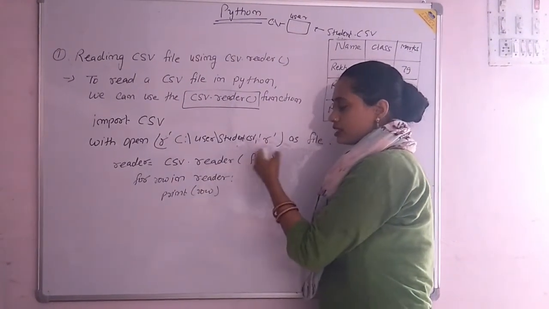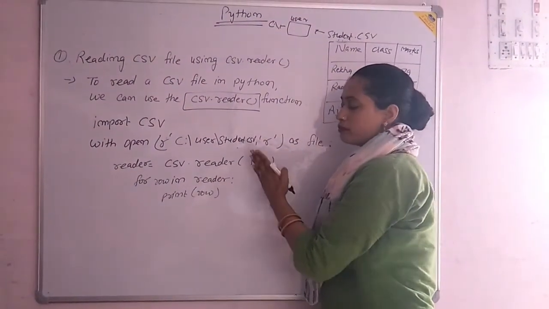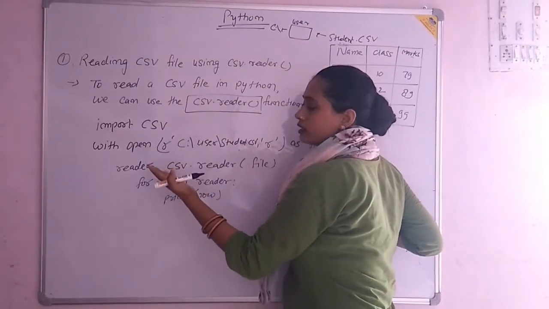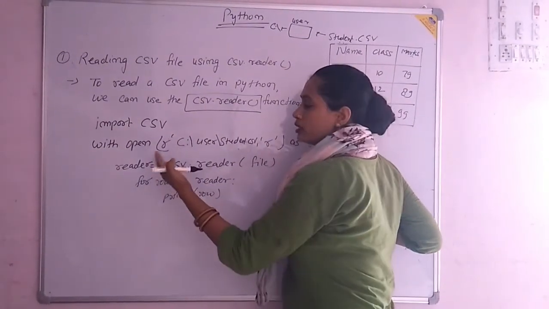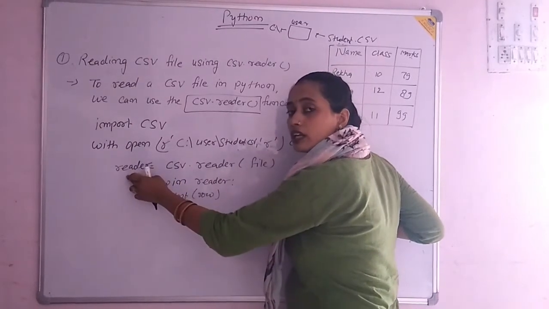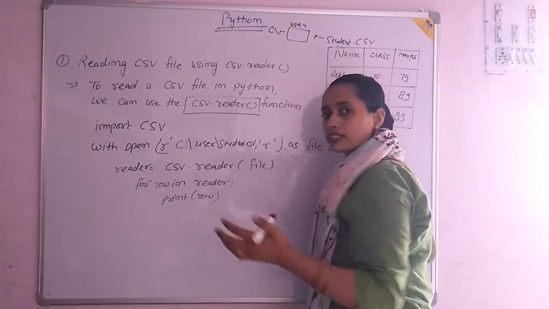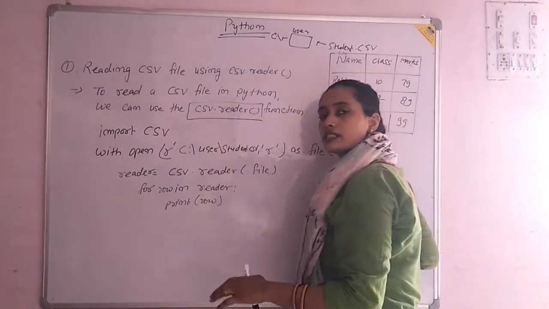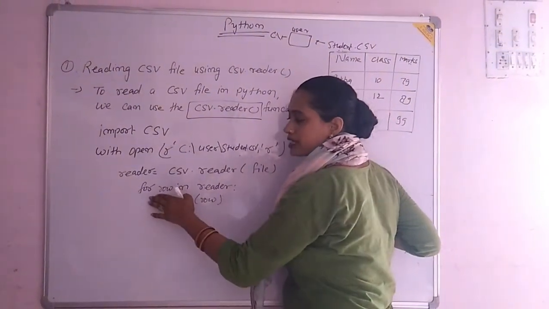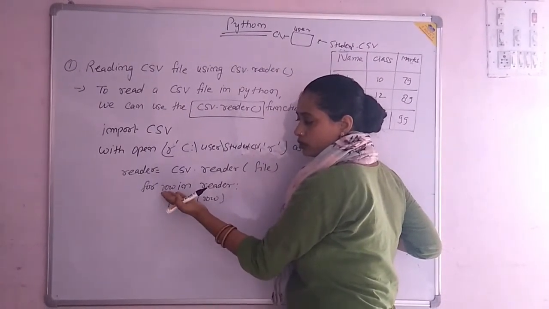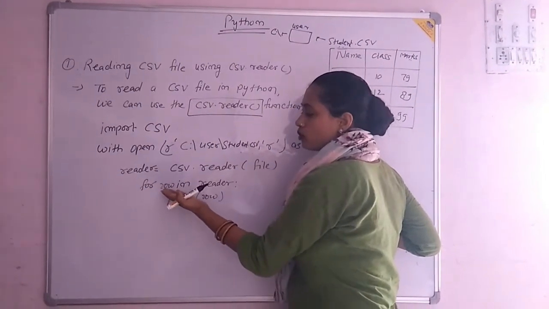Our reader function reads all the data from the file and returns it in an iterable format, in the reader object. For accessing all the rows present in the CSV file, we are applying a for loop, taking one variable, row: for row in reader.